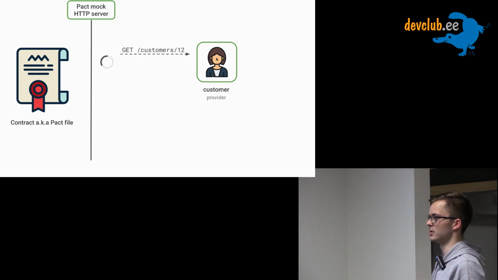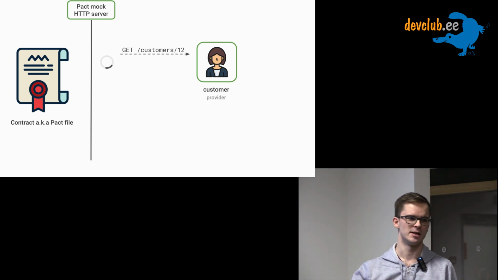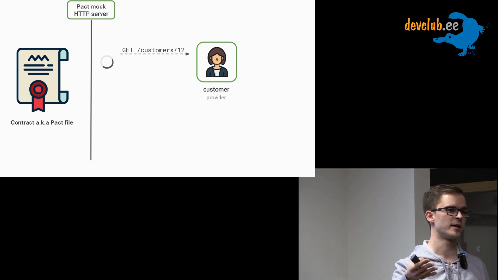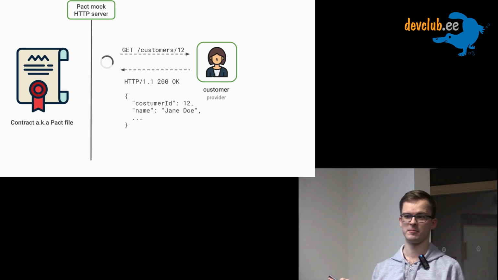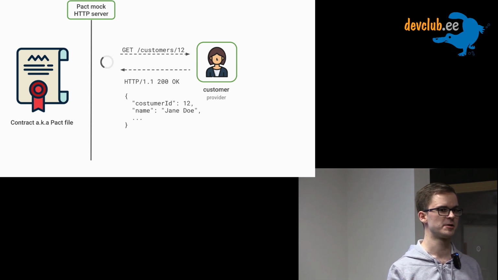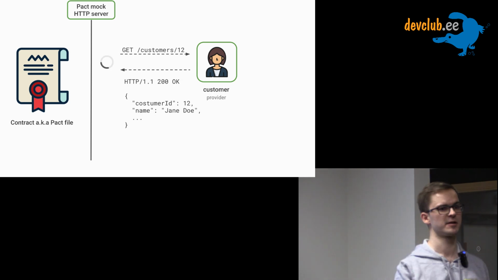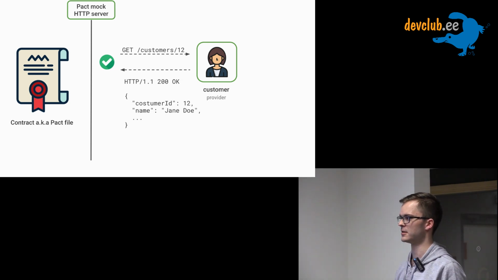You would also have to set up your customer service as well, and it will actually make a real HTTP request against your service. It will see what it responds, and then it will compare the payload, whether how this customer service responded is actually the same as what was written in the Pact file. So in this case, everything is fine.